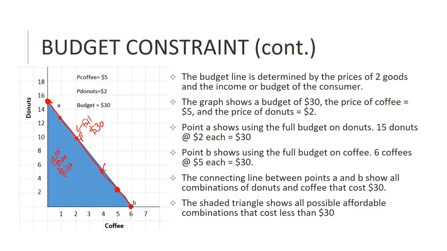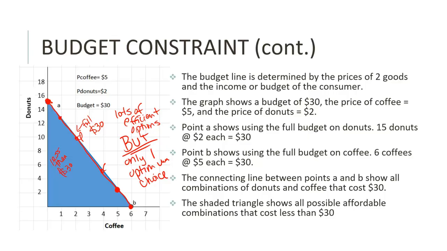Now, not every point on the line is optimal. So you have lots of efficient options, but only one optimum combination. So one optimum choice, utility maximizing choice.